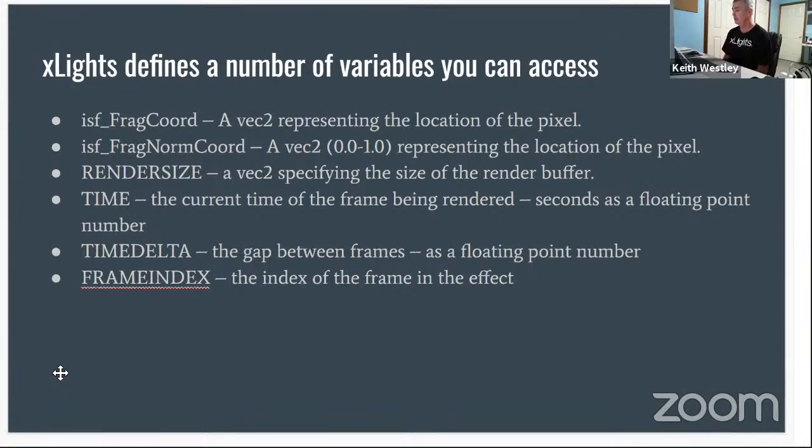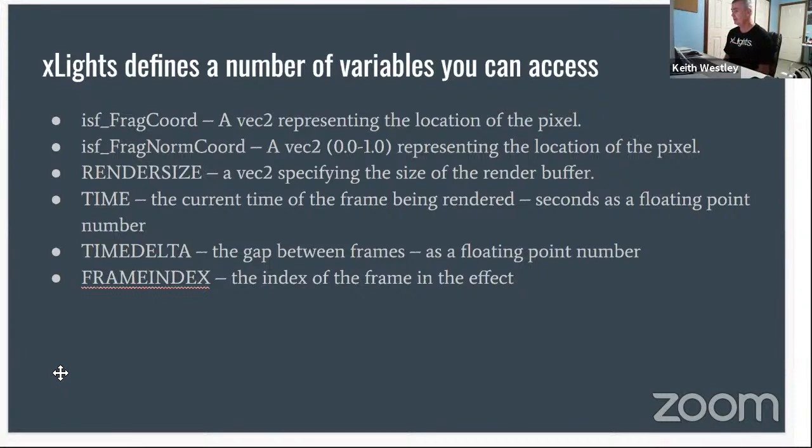The first one, ISF frag coord, is a 2-dimensional vector that represents the location of the pixel that is being rendered. It's an absolute number, so people would typically convert that into a normalized coordinate between 0 and 1. So 0, 0 is the bottom left-hand corner, and 1, 1 is the top right-hand corner, because most shaders work with those sorts of ranges.